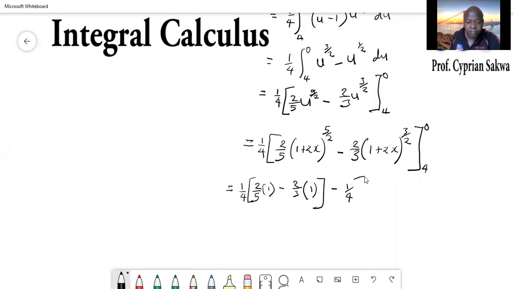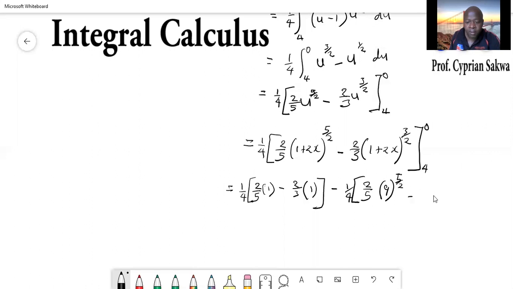This time we replace our lower limit. So 2 over 5 into 1 plus 2 multiplied by 4. 2 multiplied by 4 is 8. 8 plus 1 would be 9. 9 raised to 5 over 2.